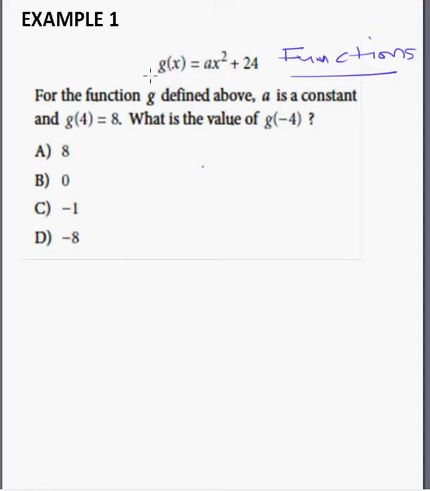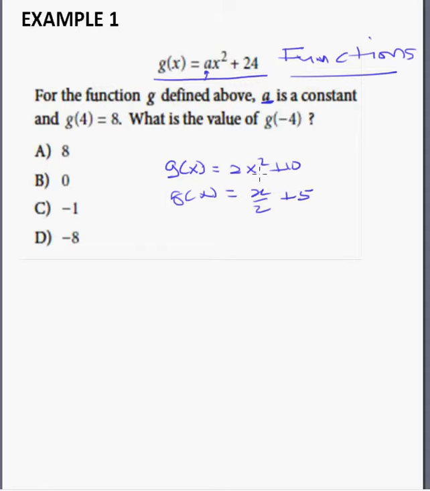Even before you look at the question, you notice that the function g of x is defined with a variable a in it. So a is a constant that is not known yet. Generally, you expect your function g of x to be defined maybe like 2x squared plus 10, or x over 2 plus 5, something like that.